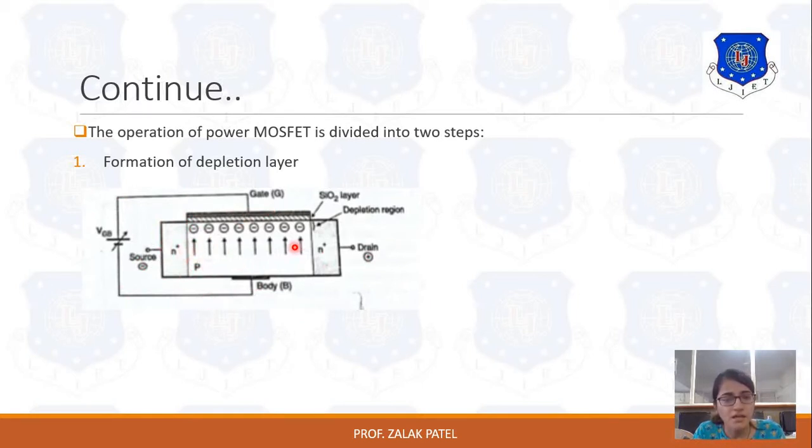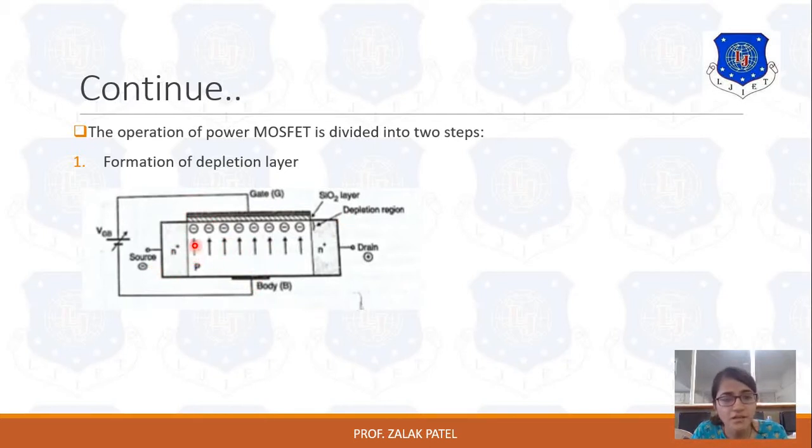When the positive voltage is applied, the P layer has majority carriers as holes and minority carriers as electrons. Because of this positive voltage applied at this drift layer, the electrons, being minority carriers, are pushed out from this P layer, and majority carrier holes remain as they are.